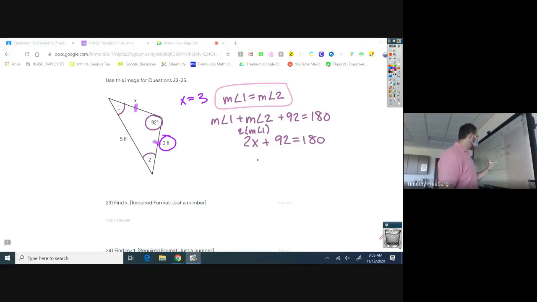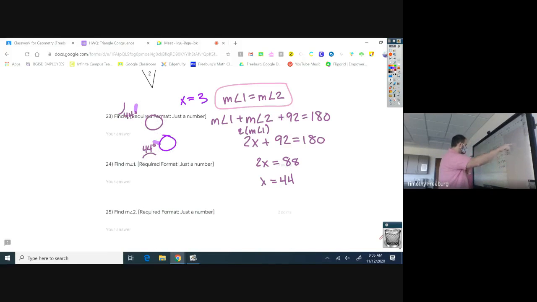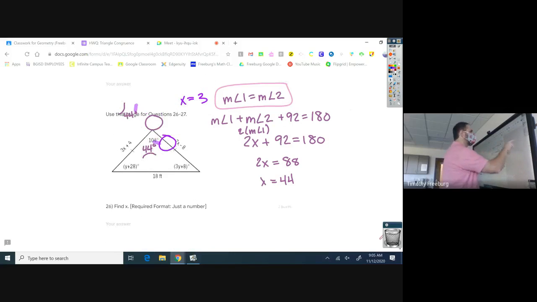We're going to isolate our variables, so 2x will equal 88 when we subtract 92 from both sides. Get the coefficient of 1 by dividing by 2, and we'll see that our x value is 44. In other words, both these angles are 44 degrees. And we're done. So go ahead, fill those in. Your x value is 3, the measure of angle 1 is 44, and the measure of angle 2 is 44.